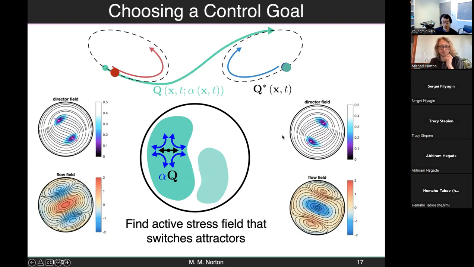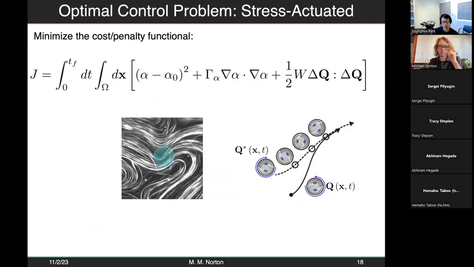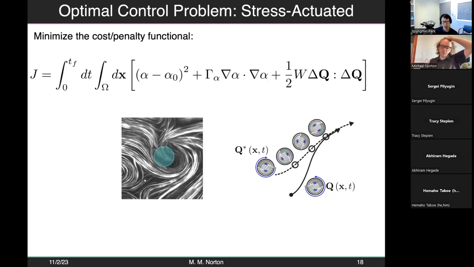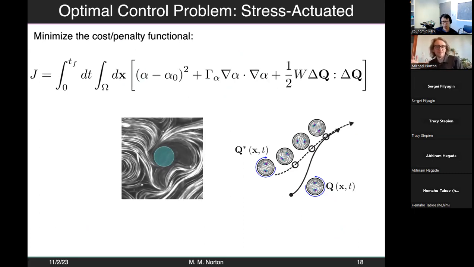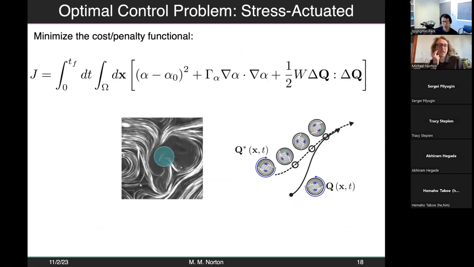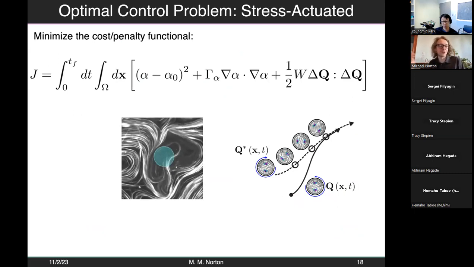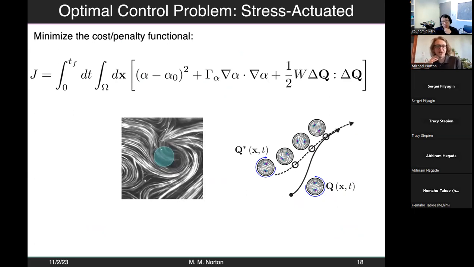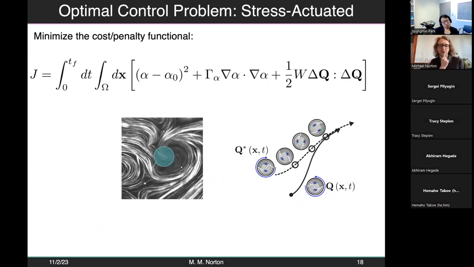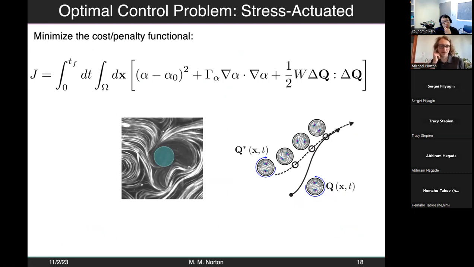So I'm going to just apply the standard approach, which is to write a penalty function of some kind that I'm then going to try to minimize in order to find a control solution.